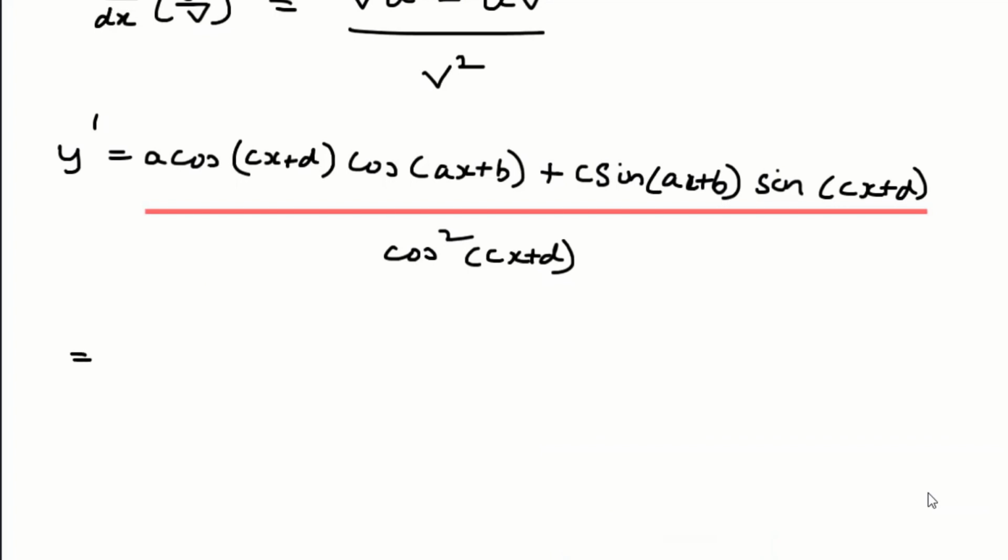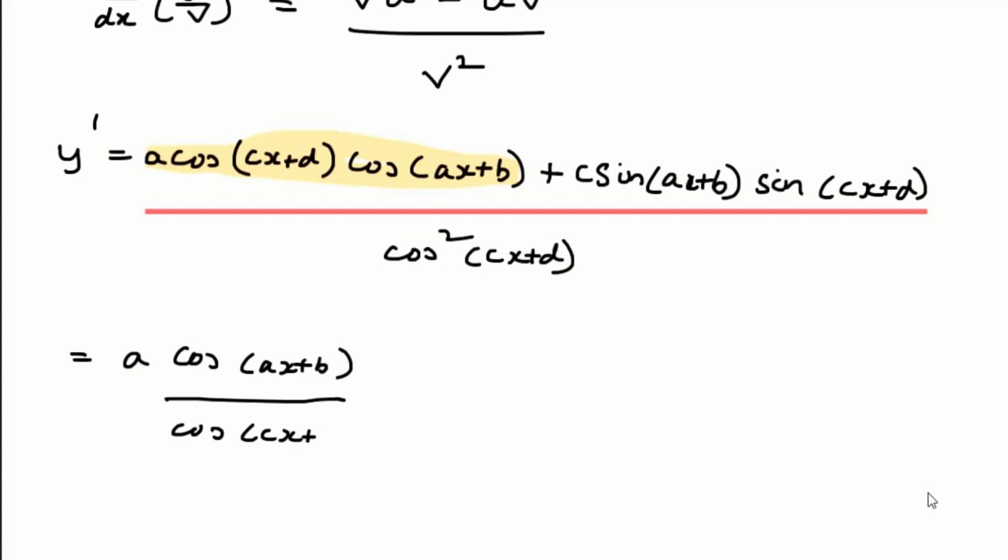This is the first term, correct? In this first term I have here cos of cx plus d, here cos square. So 1 will go off, right? So 1 will get reduced. So it becomes a cos ax plus b divided by cos cx plus d.